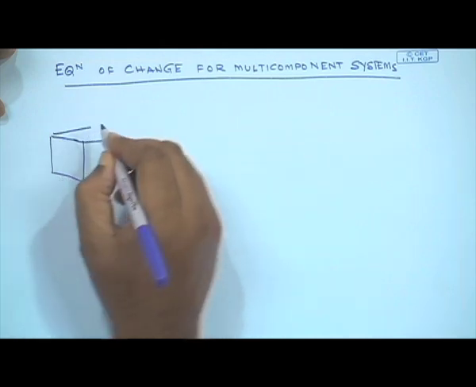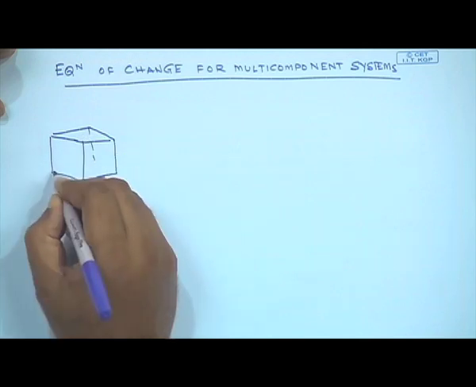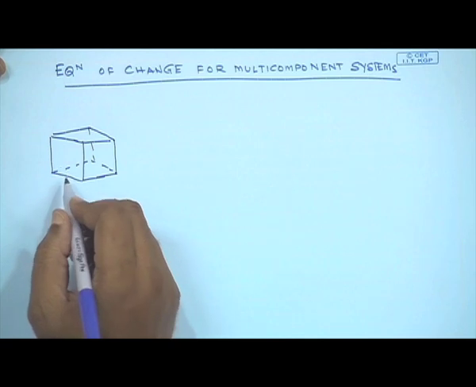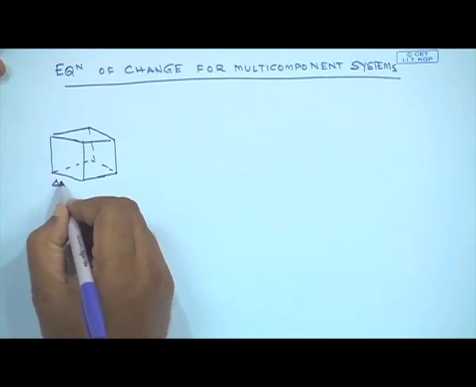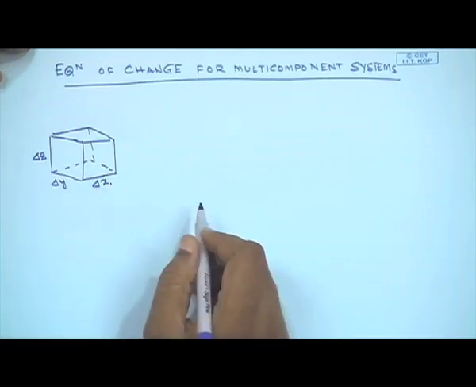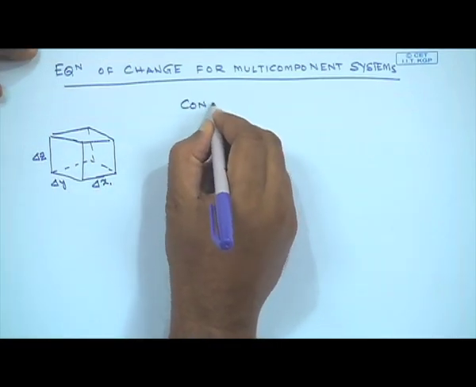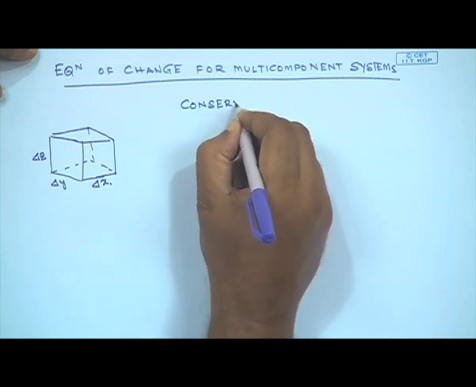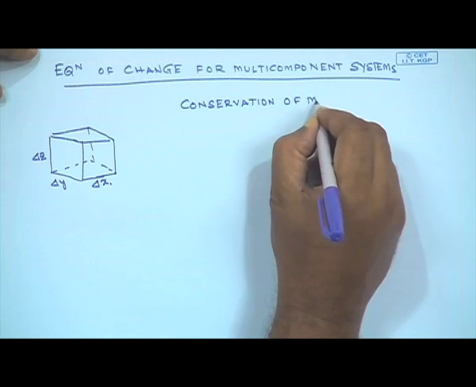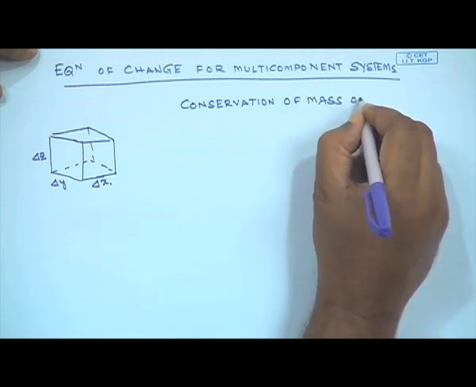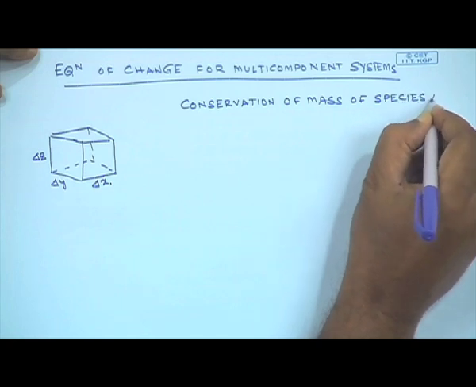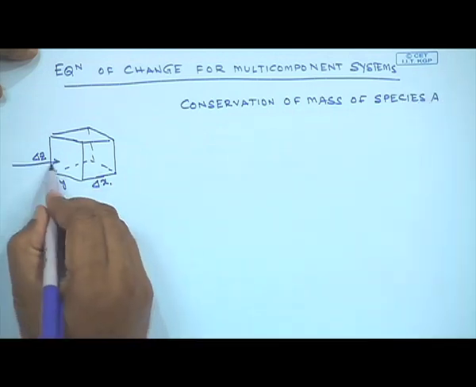So we are again taking the help of a surface which has del y, del z and del x, and we are going to use the conservation of mass of species A, which is flowing into this.